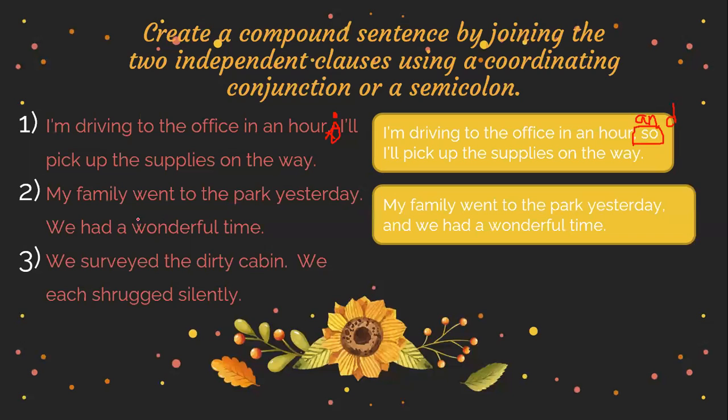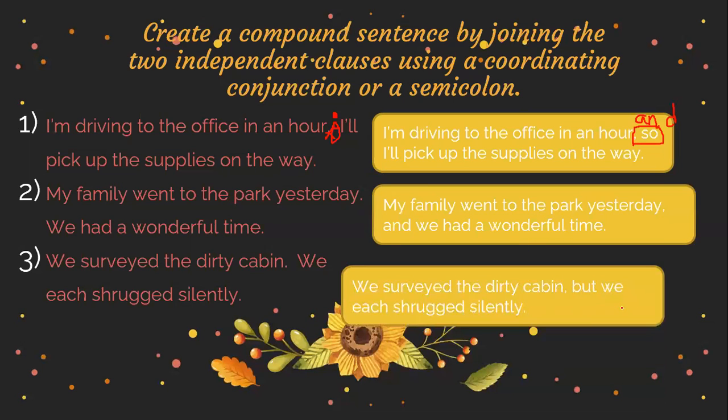The second one is the same. My family went to the park yesterday, comma, and we had a wonderful time. The last one, we surveyed the dirty cabin, comma, but we each shrugged silently because here the two independent clauses show opposite ideas. Okay, guys? I think that now it's clear.